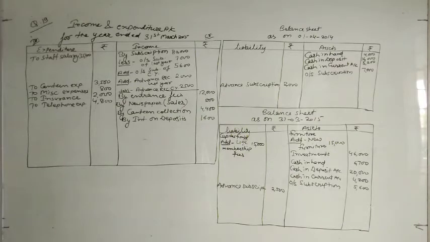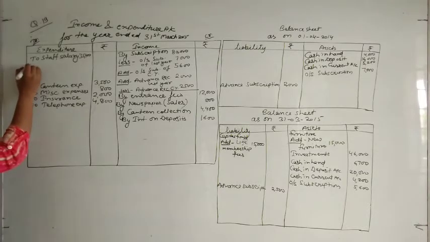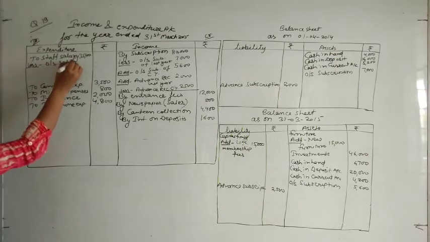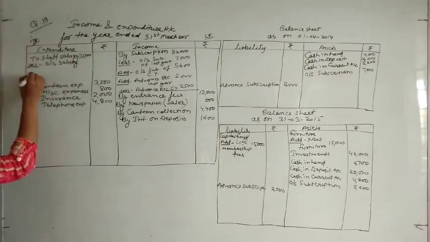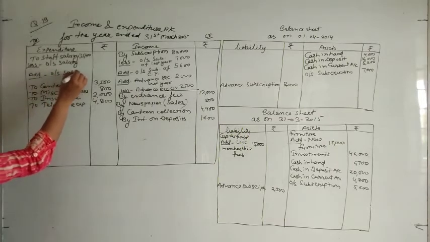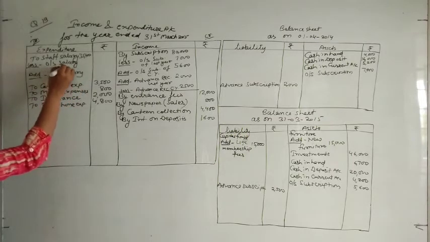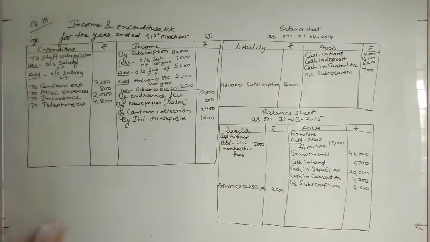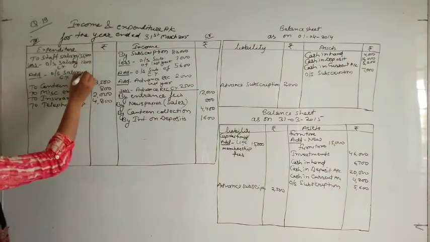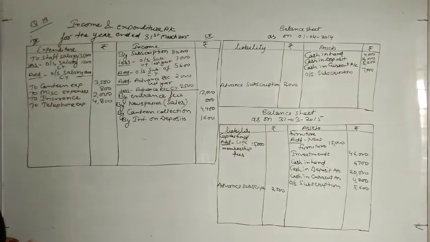Salaries outstanding, last year's and current year's, the same treatment. We will deduct last year's outstanding and we will add current year's outstanding. Outstanding salary last year, outstanding salary current year. 1,200 is of last year and 1,800 is of current year.